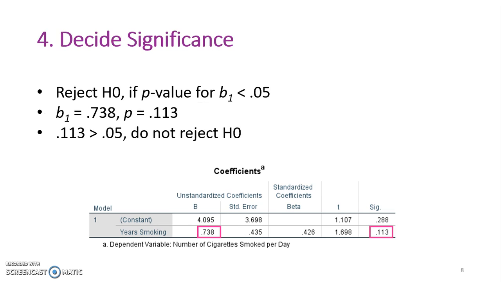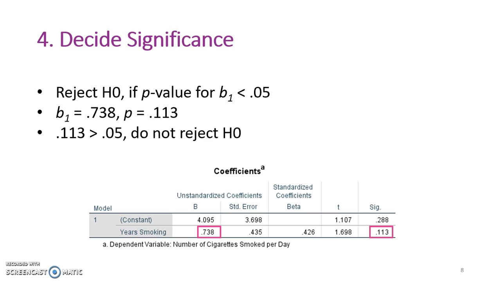The next step is to decide significance, and we also look at the computer output for this. So remember, when we are running a software program to conduct this analysis, we reject the null hypothesis if the p-value associated with that coefficient or parameter estimate is less than 0.05. And I've highlighted the boxes where we can find the information for deciding significance.